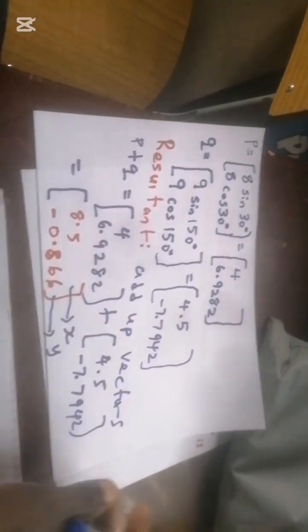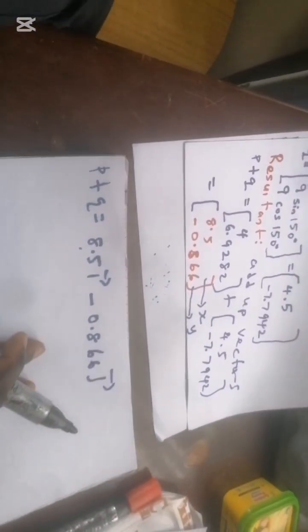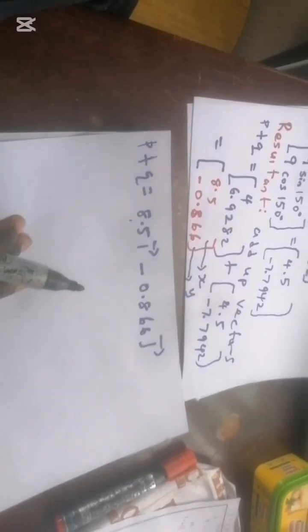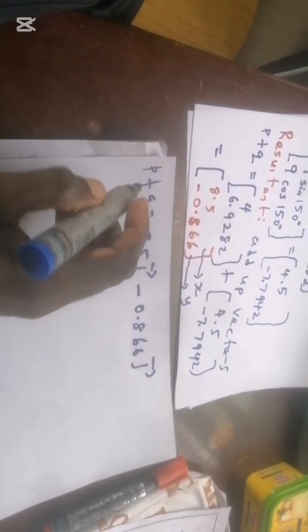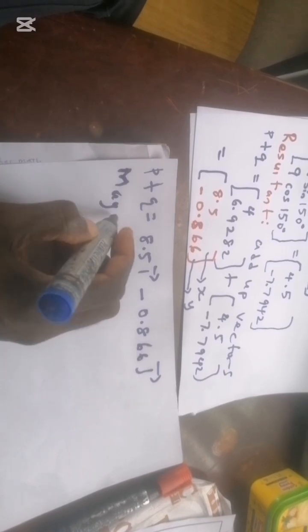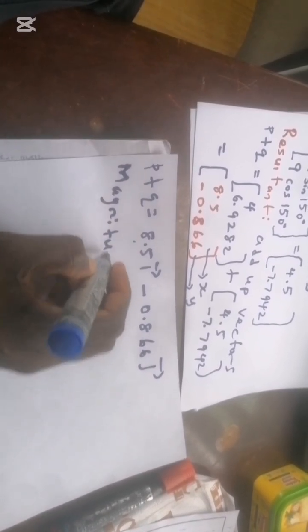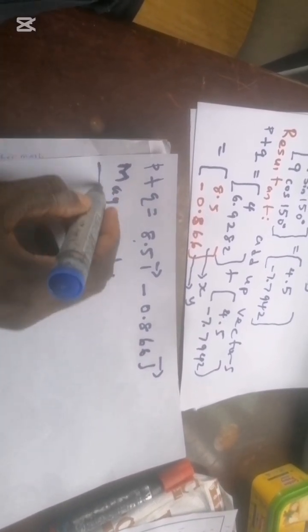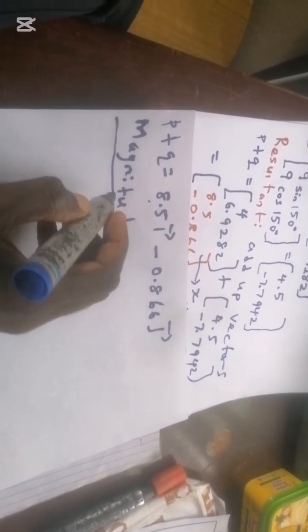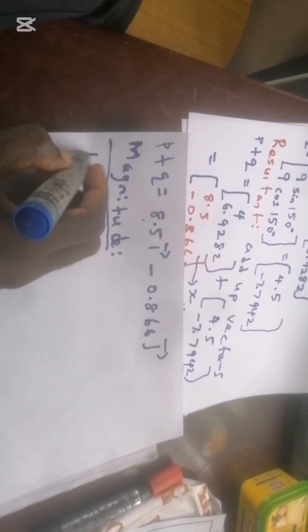So the next question says, find the magnitude of the vector, of the resultant. Now, how do we find magnitude of resultant? Let me show you. To get the magnitude of resultant, this is what you do. You're going to write this word, magnitude. So to get the magnitude of any vector, you're going to write this symbol.